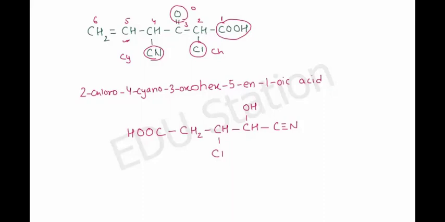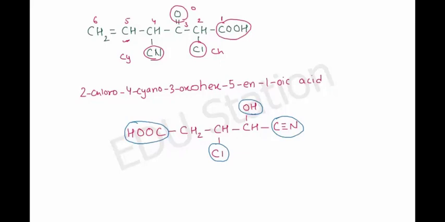Let's label the functional groups first: acid, chloro, alcohol, nitrile. Now the common mistakes in this case would be primarily about the longest chain.